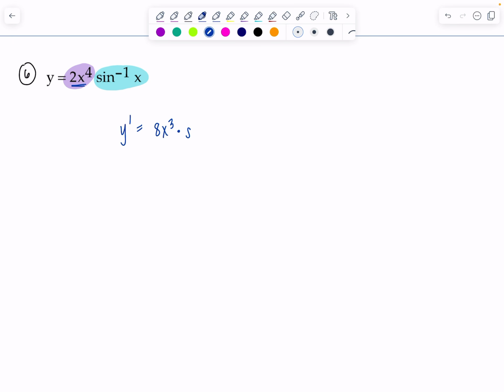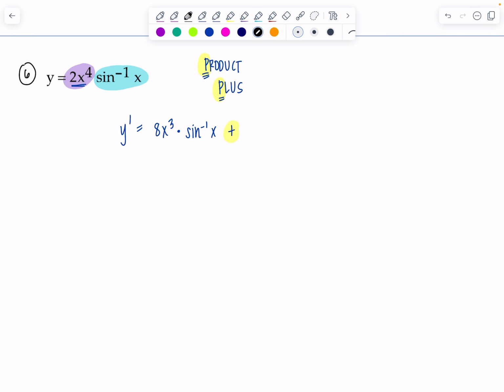So times, leave this one alone, sine inverse of x, plus, it's product rule. Every time you take turns taking the derivative, you're going to use a plus sign in between. Product rule plus. The letters go together. So you just keep adding everything together.